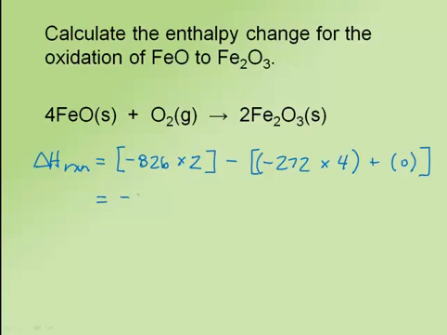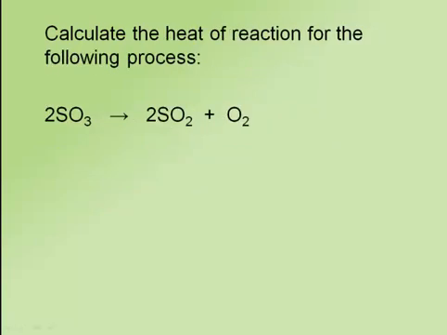The final answer is negative 564 kilojoules. Look up the delta H values in the back of your book and complete this question.